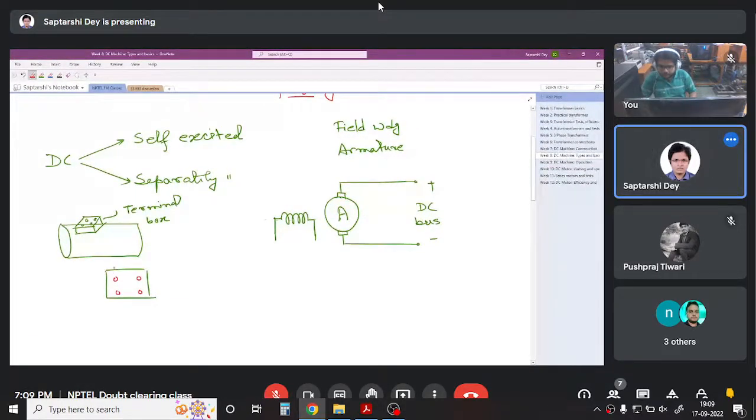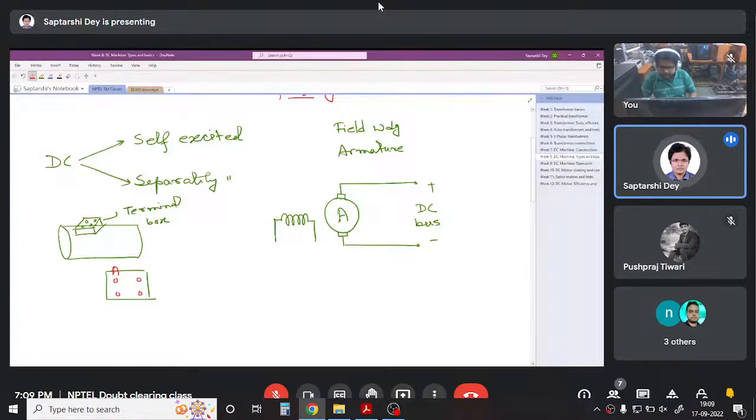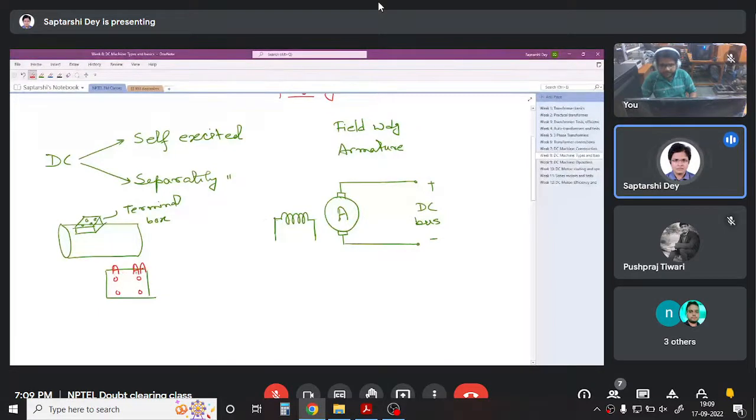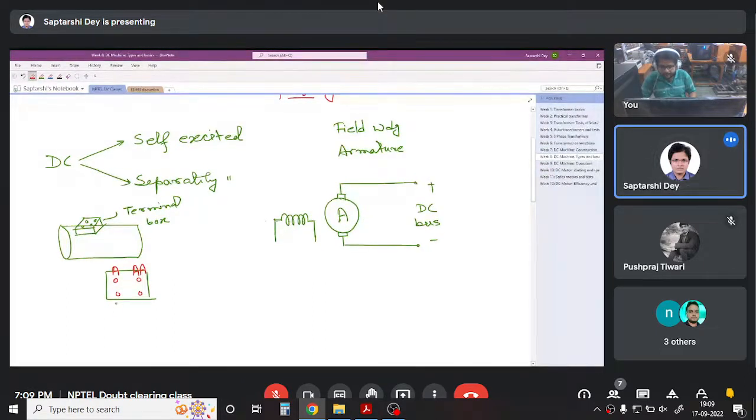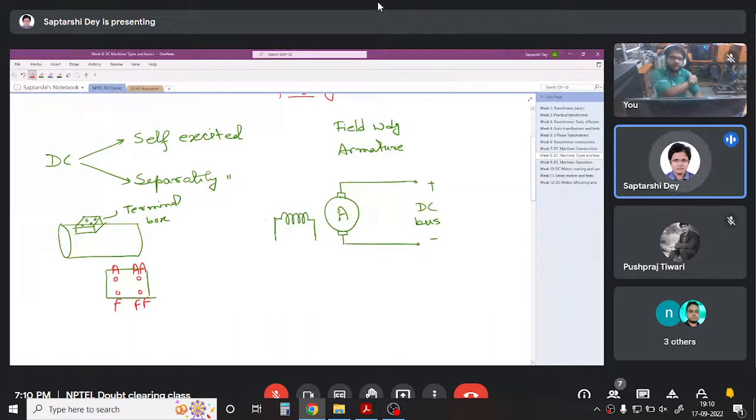Conventionally, these terminals are named like this in case of DC machine. A and AA are the two terminals of the armature winding. And F and FF are the terminals of the field winding. This naming is very common.